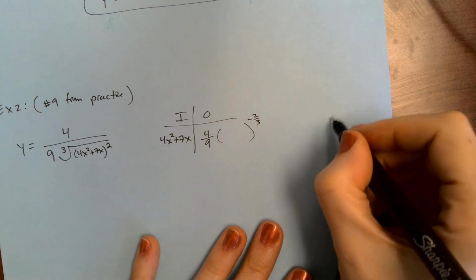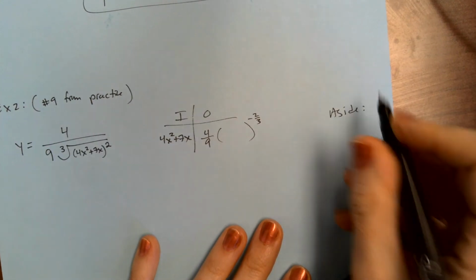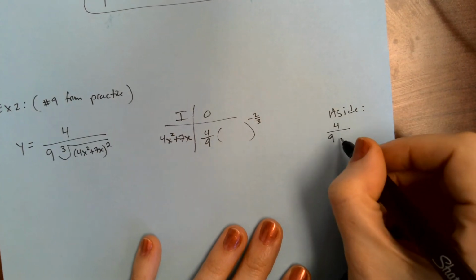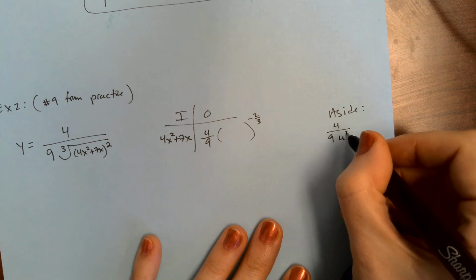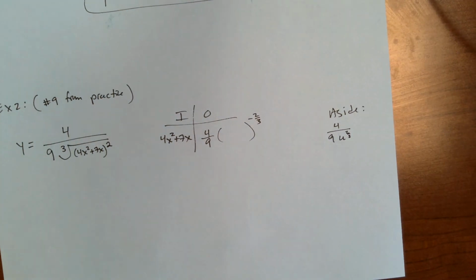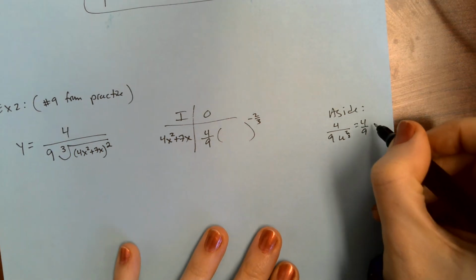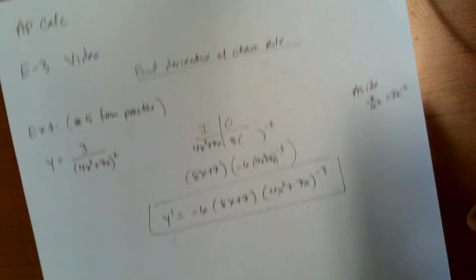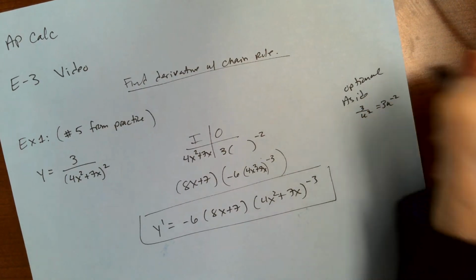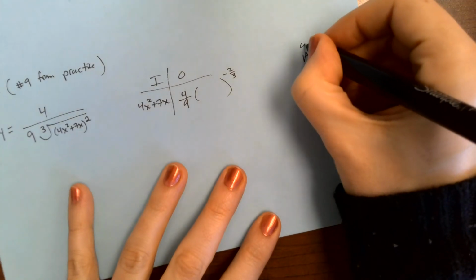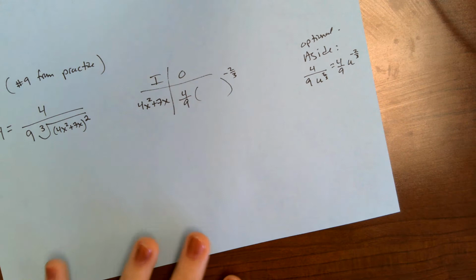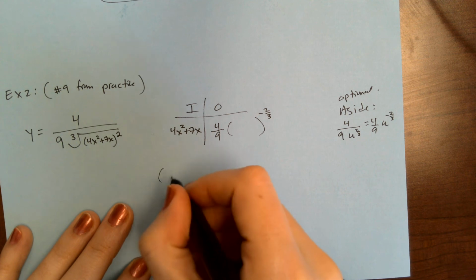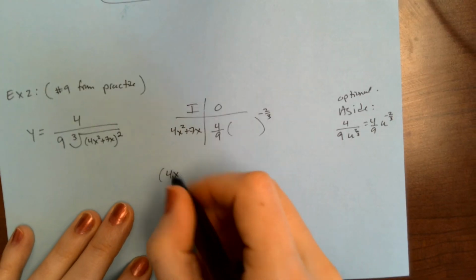And again, I will say, if that is difficult, think of this as 4/9 u to the 2/3 maybe. And you will see quickly that that's 4/9 u to the negative 2/3. But this is optional, so let me write optional. Optional aside. That's for if you're trying to figure out the outside function. And then the 4x squared plus 7x, I'm not taking the derivative of that.